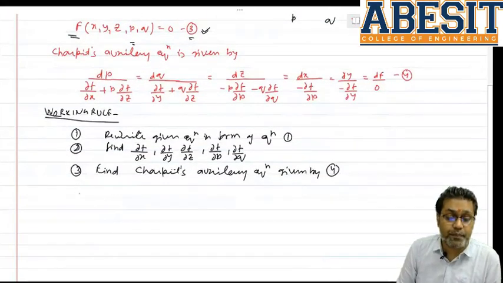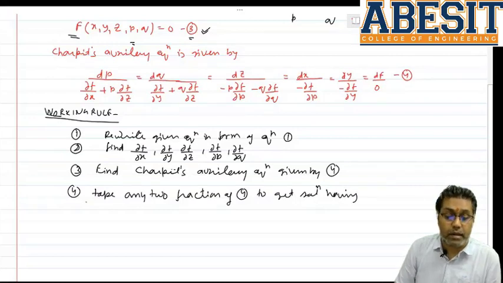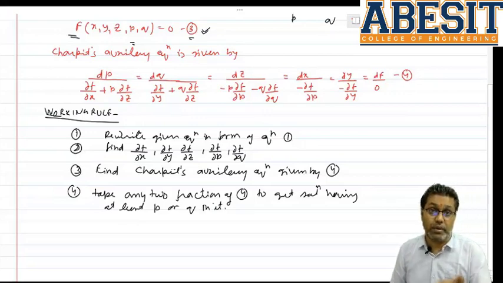Next step, take any 2 fractions of 4 to get a solution having at least P or Q in it. This is an important point. At least P or Q, one of the two must be there.